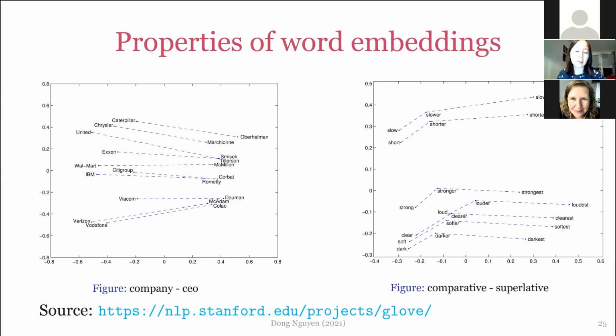That suggests that these word embeddings have learned or encoded the relation between company and CEO. Or if we look at the figure on the right, we also find that words like slow, slower, slowest, or strong, stronger, strongest, follow a very similar structure. So that again suggests that these word embeddings have learned these linguistic relations and that these are encoded in word embeddings.